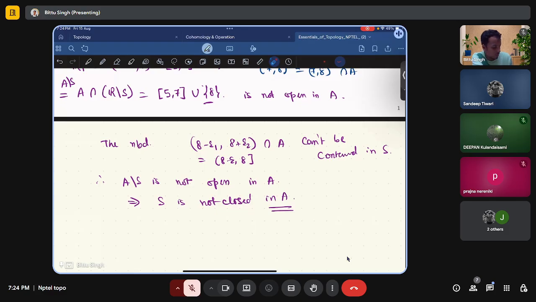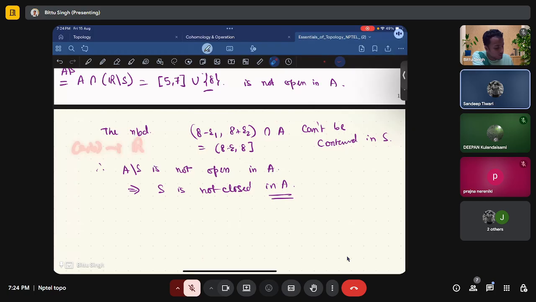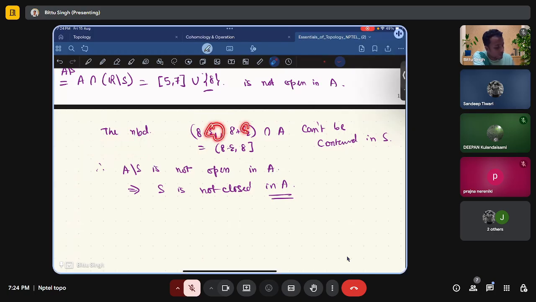I am choosing a basis element of the subspace. So this kind of element, (a, b), forms a basis for real numbers, right? Yes, sir, basis for the usual topology. That's why I am varying this epsilon 1 and epsilon 2. And if we take intersection with A, that will form a basis for the subspace topology.